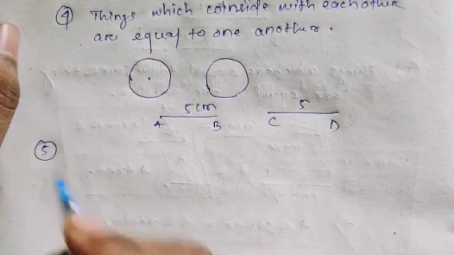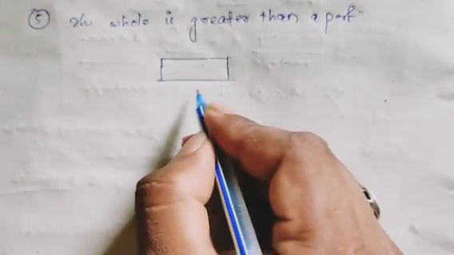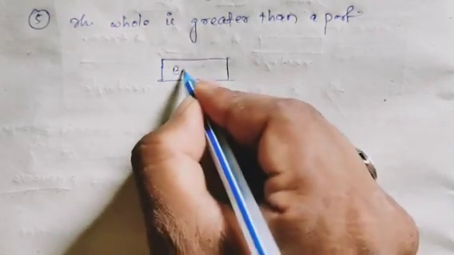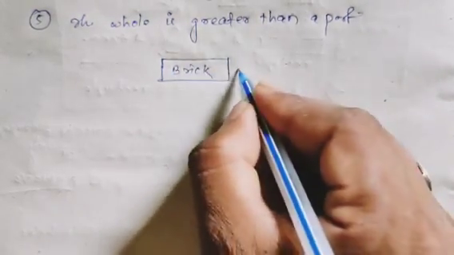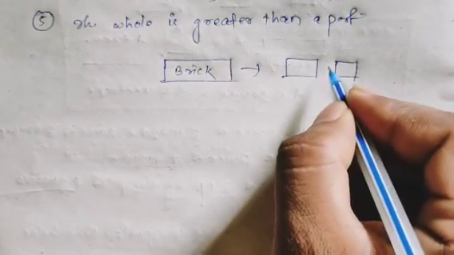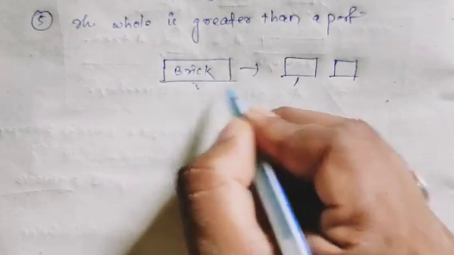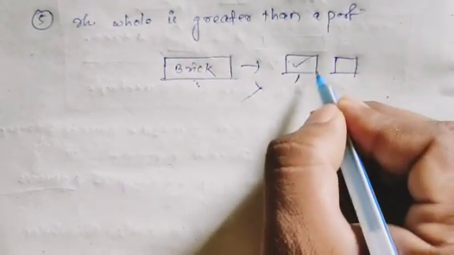What is axiom number 5? The statement is: the whole is greater than a part. Let's consider I took a brick. So this is a brick. I broke it into 2 pieces. So this original brick is always greater than this part.